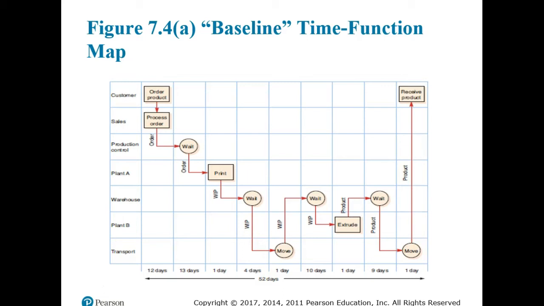Now, the next two slides come from figure 7.4 of the textbook, illustrating the before and after time function map, the time function map used in the process improvement at American National Can Company. So the firm was able to eliminate the significant waiting that had slowed things down before improvement was implemented, as you see here.